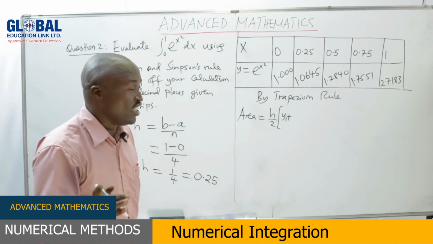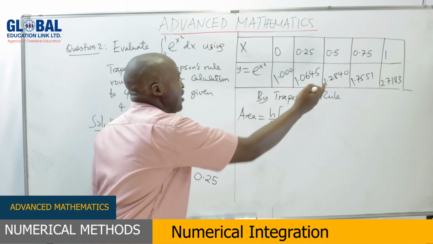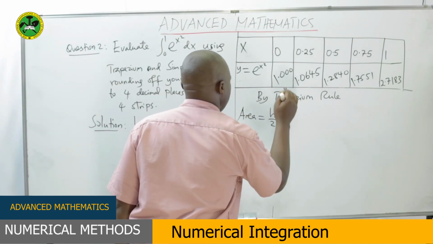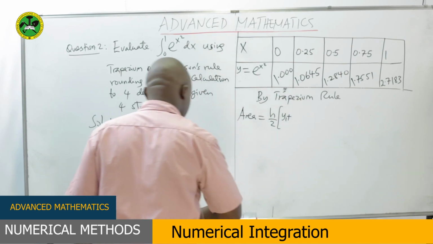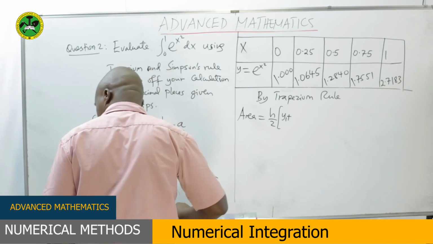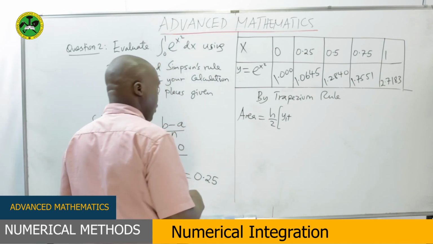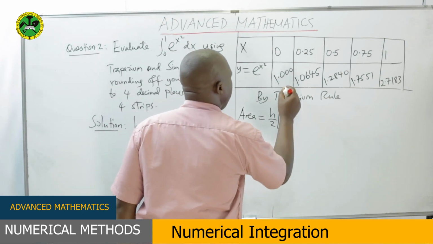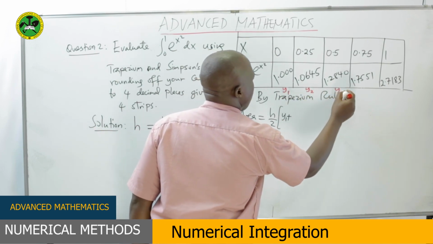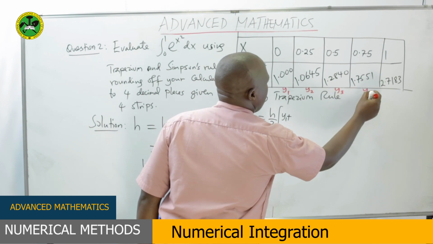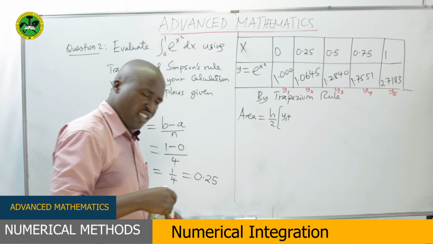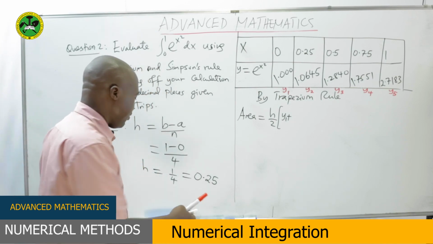Now to avoid confusion, you can name these ordinates, starting with y1, then we have y2, y3, y4, and y5. Just name them to avoid confusion.